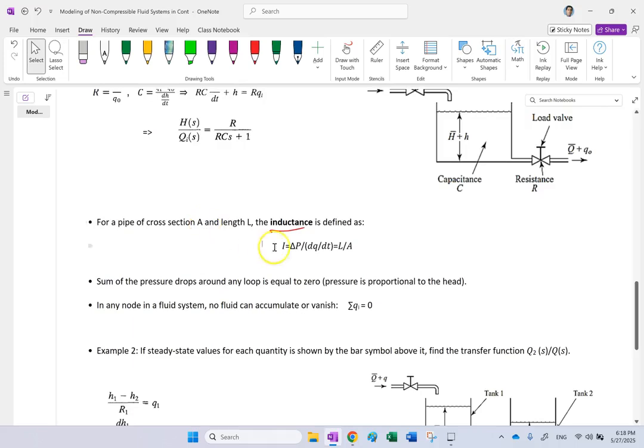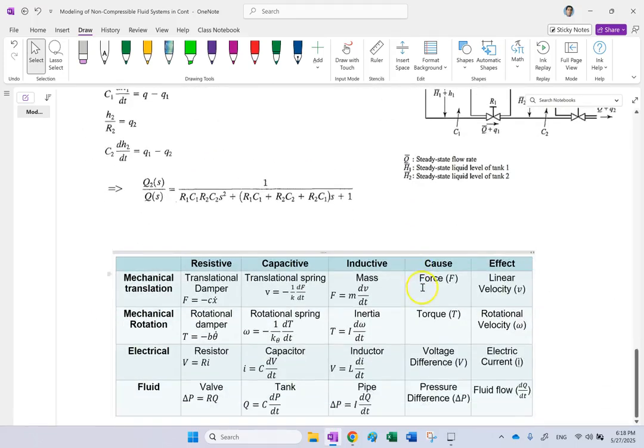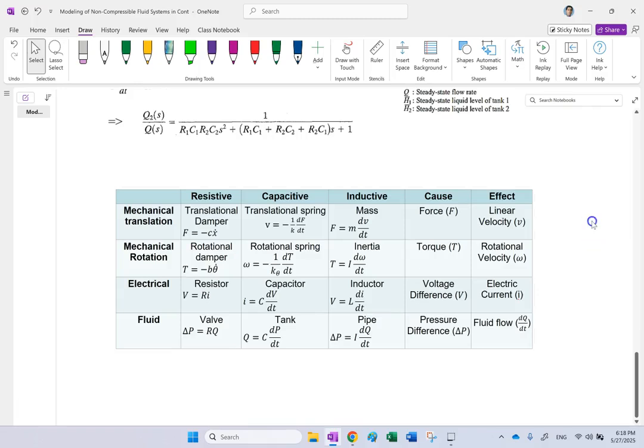As I said in my video on basic electrical systems, mechanical systems, electrical systems, and fluid systems are very similar to each other if you consider cause and effect. For instance, in a translational mechanical system, the cause of the motion is force, and the result is a linear velocity, or change in position.